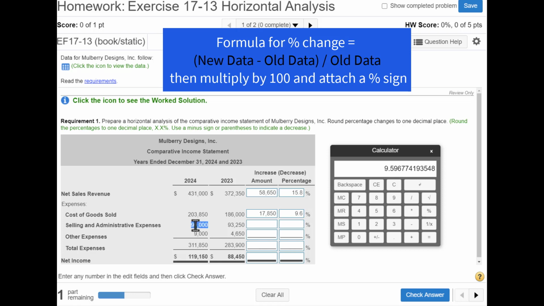Next, selling and admin expense. Looks like an increase. So 99,000 minus 93,250 gives us 5,750.